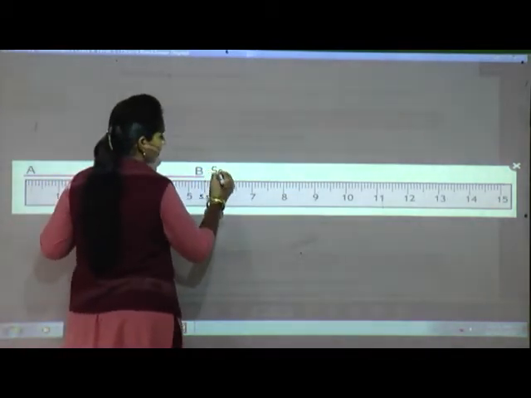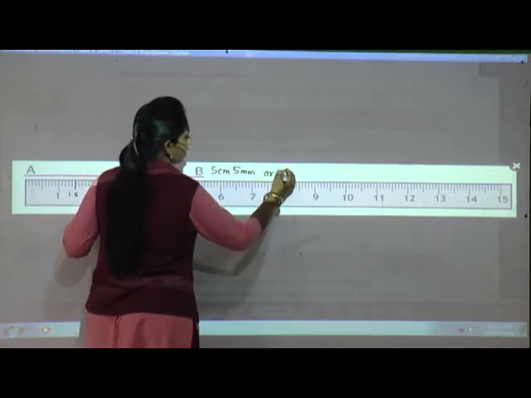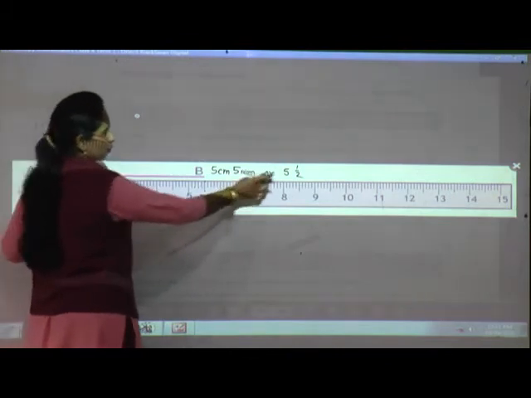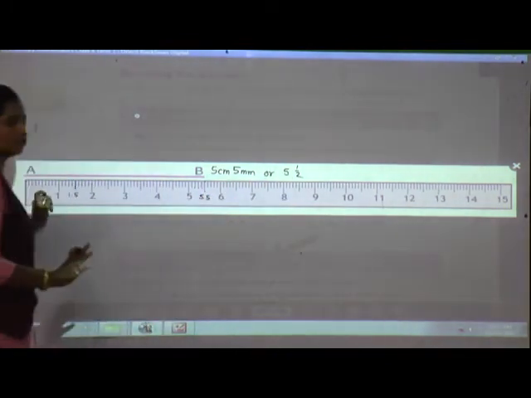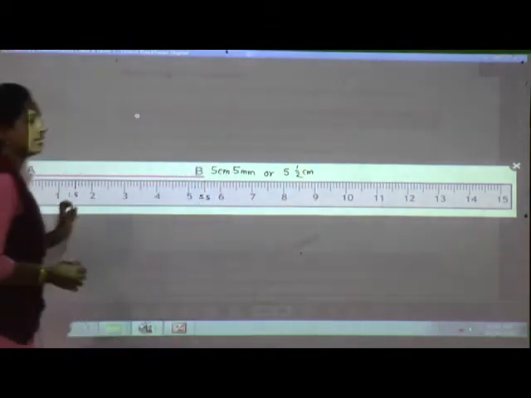We can say 5 centimeter 5 mm, or you can say 5.5. See, it's in the middle, so you can say it this way also, 5.5 centimeter. Very important, centimeter.